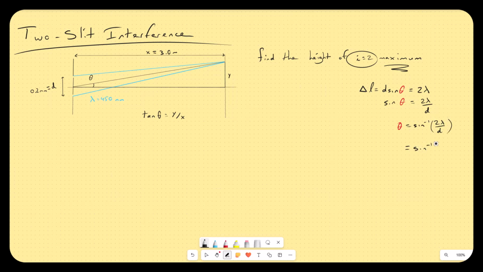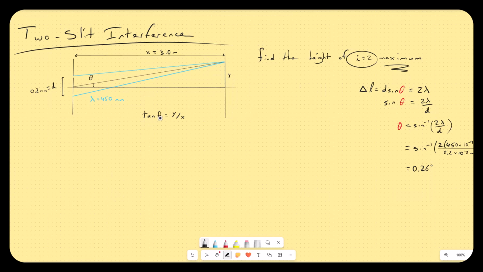I've got a sine inverse of 2 times lambda, which is 450 nanometers, 450 times 10 to the minus 9 meters, over the separation distance, which is 0.2 times 10 to the minus 3 meters. I do this and I get an angle of 0.26 degrees.